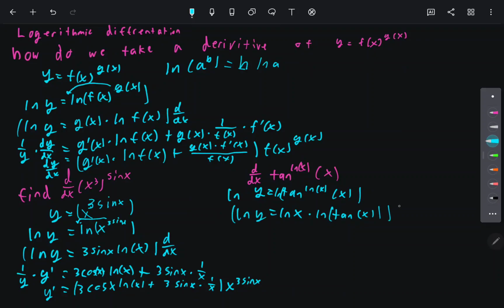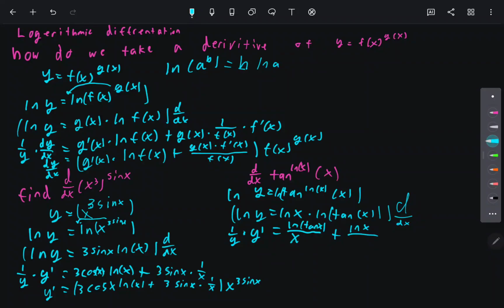Now we take the derivative with respect to x of both sides. So we are left with the derivative of the natural log with respect to y. That is just 1 over y times by the derivative of y with respect to x, which is y prime, is equal to the derivative of the first, which is x, and I'm just going to put all of this rest of this over it, ln of tangent of x, all right, plus natural log of x.